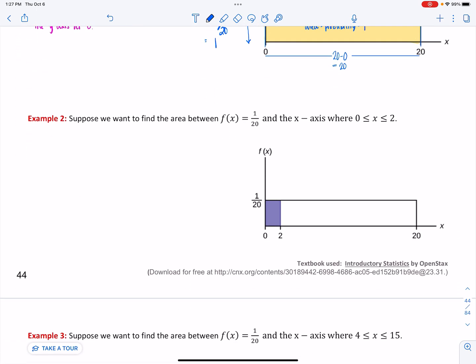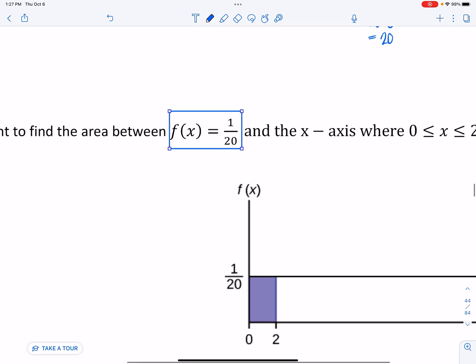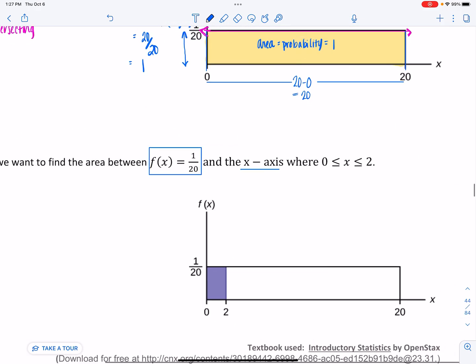So now let's look at what happens if we change that interval. We are still going to use the same function. We're still using f of x equals 1/20. This time we're going to bound it by that line, by the x-axis, and the interval from 0 to 2 inclusive.